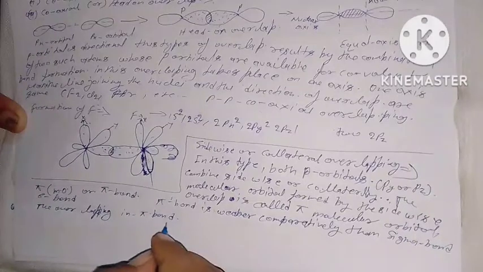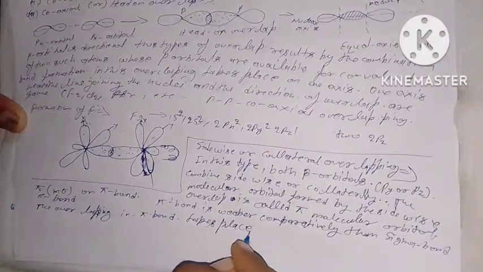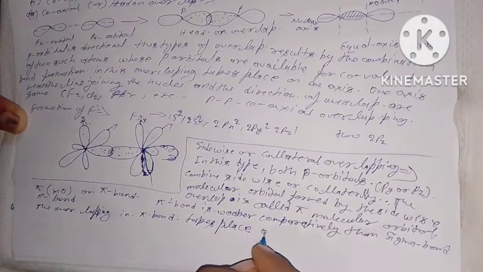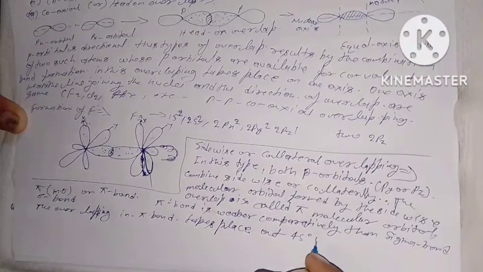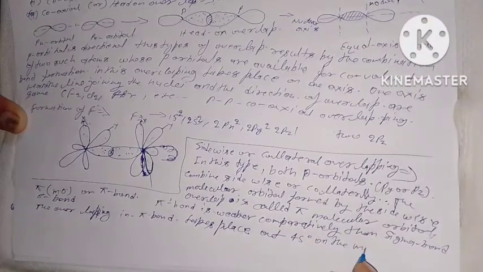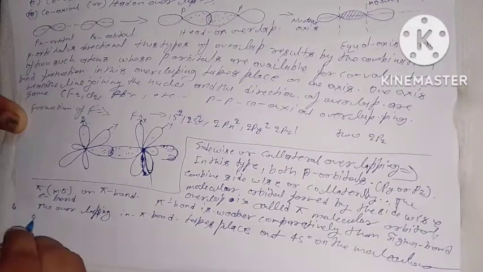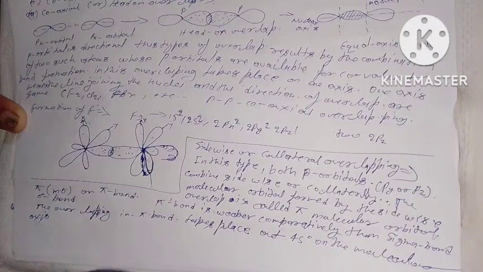The overlap is partial and it is not in the direction of the line joining the nuclei.